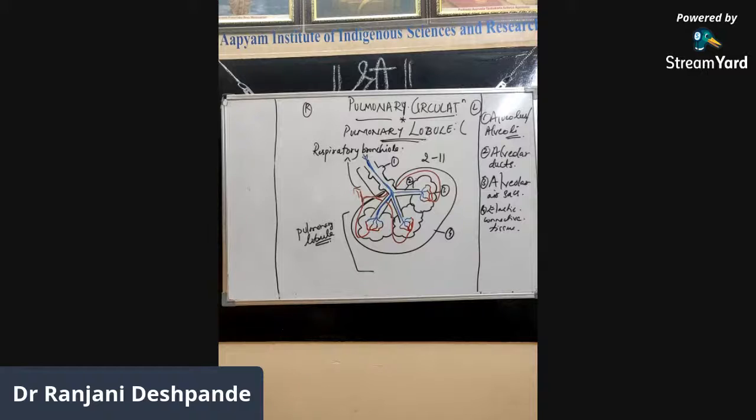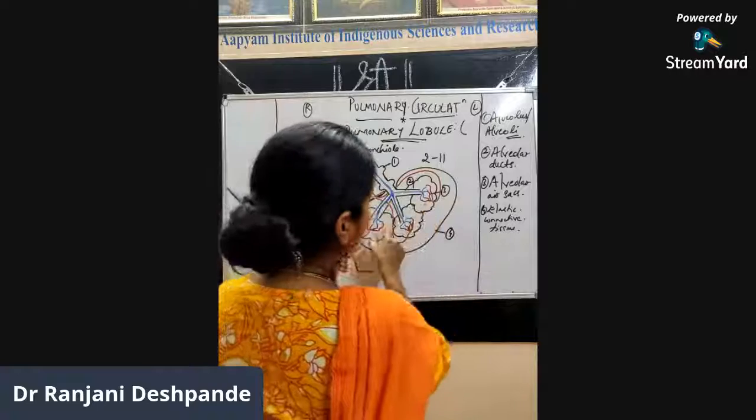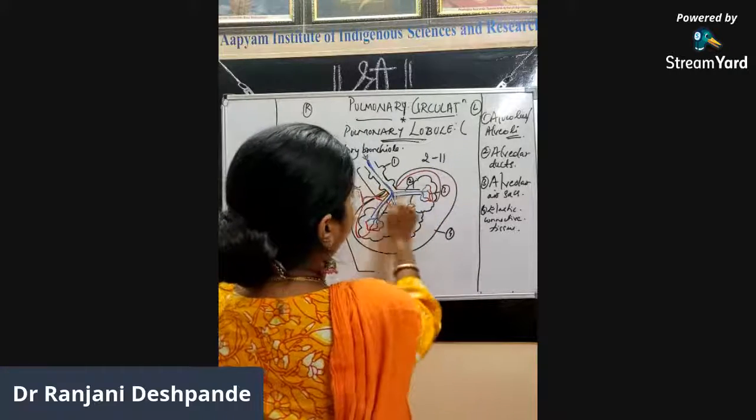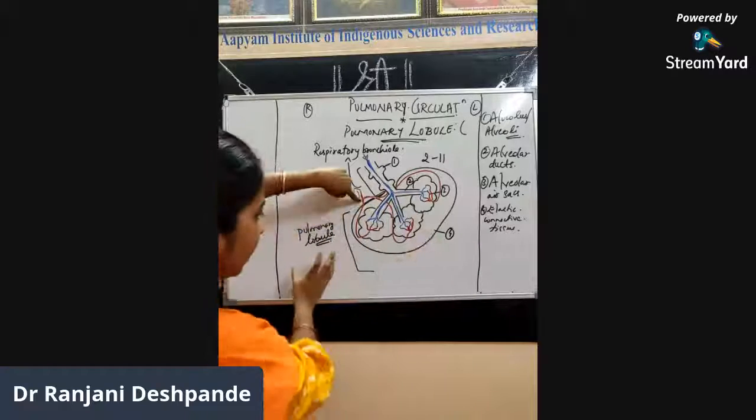So we saw that the arterial supply is coming down, breaking down through the alveolar ducts. The pulmonary capillaries will branch off again near the alveolar air sacs. When it breaks down near the alveolar air sacs, gaseous exchange takes place, and from there the venules of each air sac will connect to form a main pulmonary venule of that pulmonary lobule.